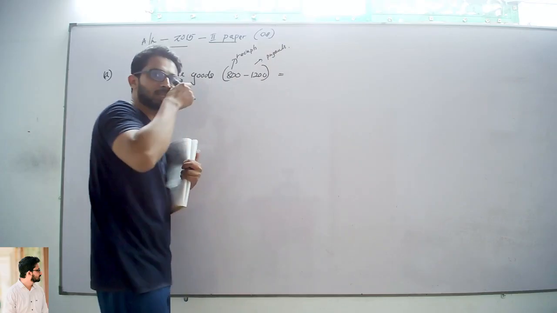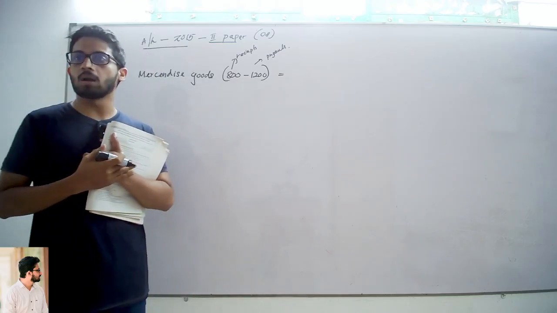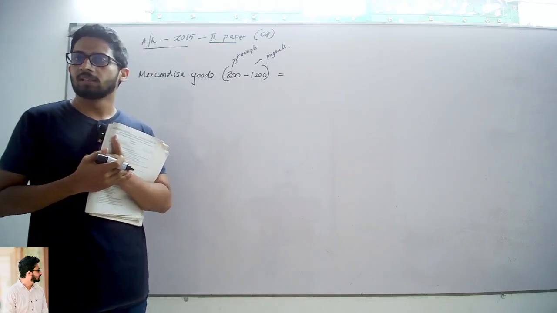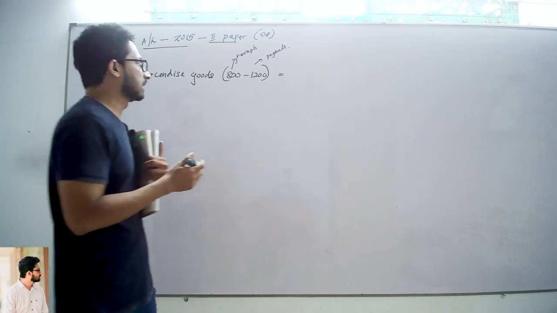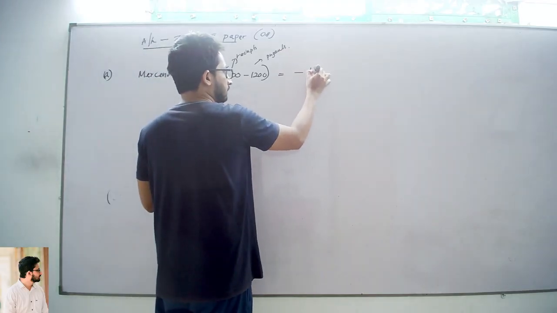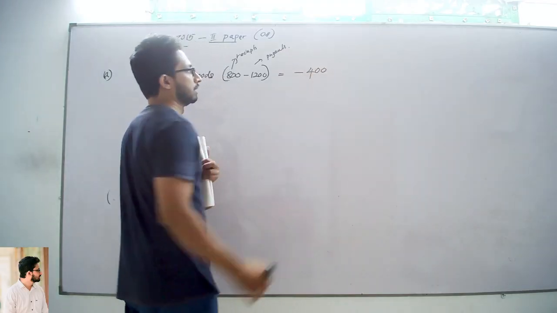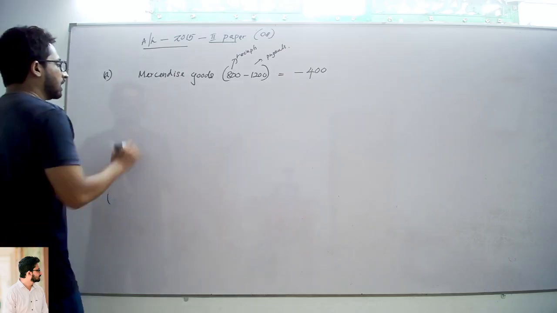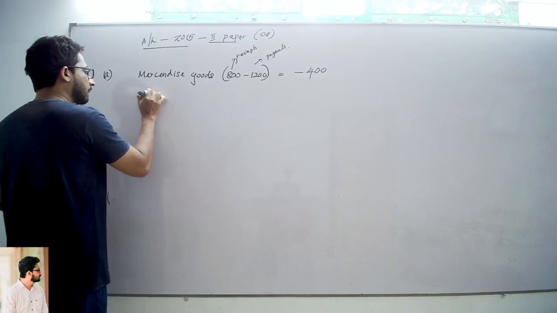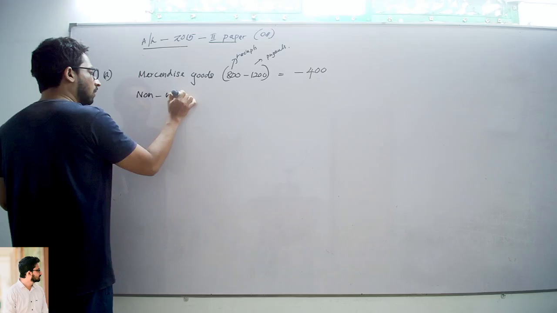It means with merchandise goods we have imported a lot, more than we exported. Then the balance should be minus 400. This is the net balance of the merchandise goods. Okay, second one, non-monetary gold.